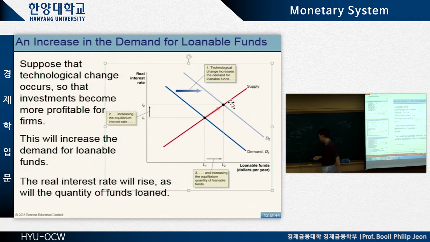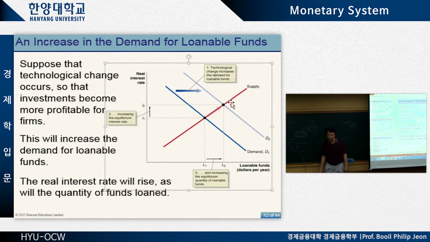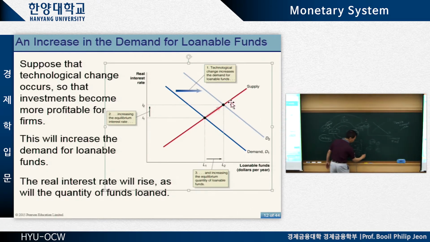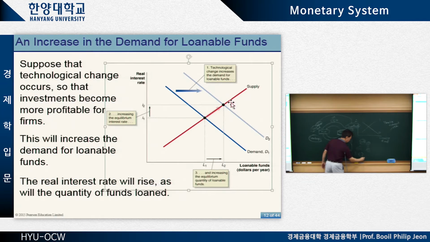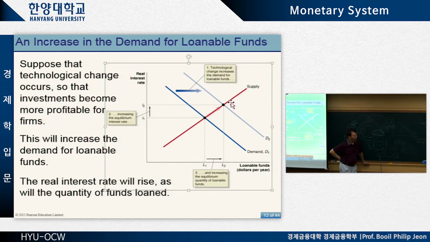So if this has happened, if the saving is greater than investment, the economy is going to shrink, right? If saving happens to be less than the investment, or in other words, if the investment was greater than saving, what's going to happen to the economy?